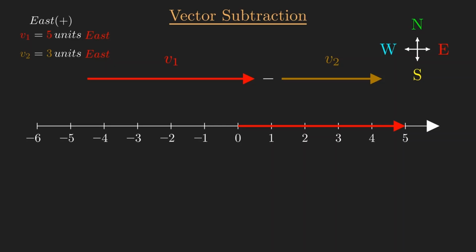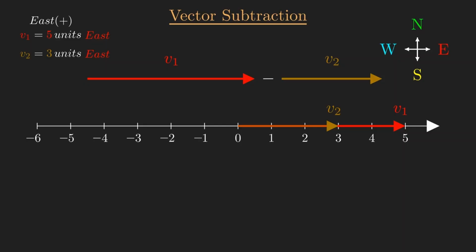In this number line, I draw vector v1, which is 5 units east. And then let's draw v2, which is 3 units east. What is v1 minus v2?